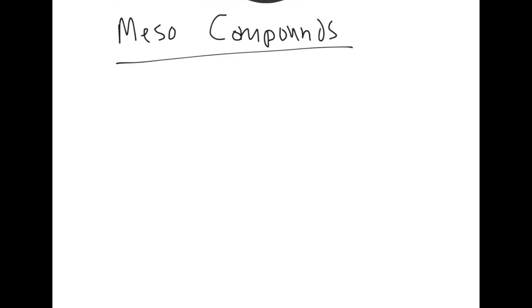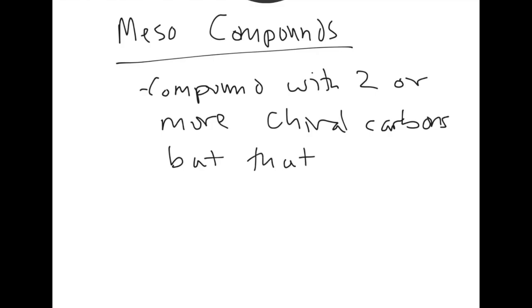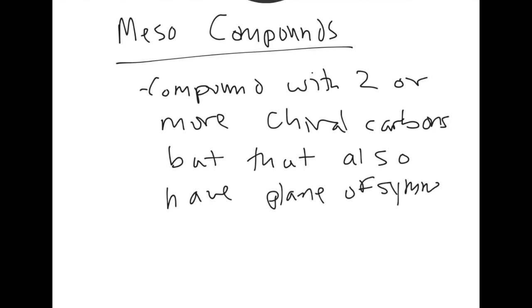Meso compounds are compounds with two or more chiral carbons, but that also have a plane of symmetry.